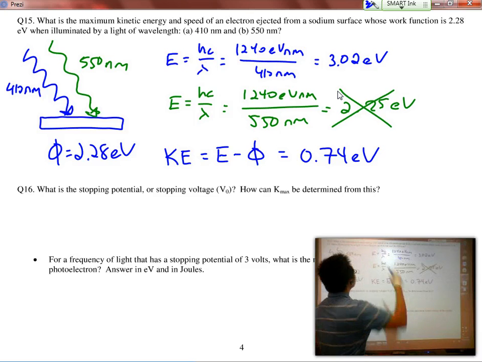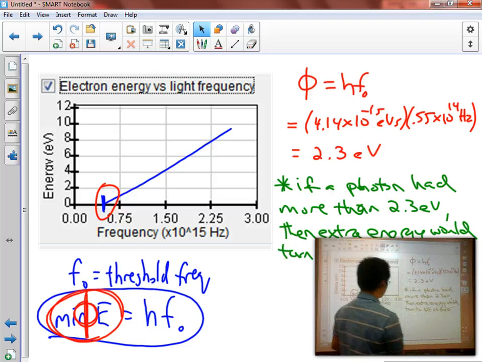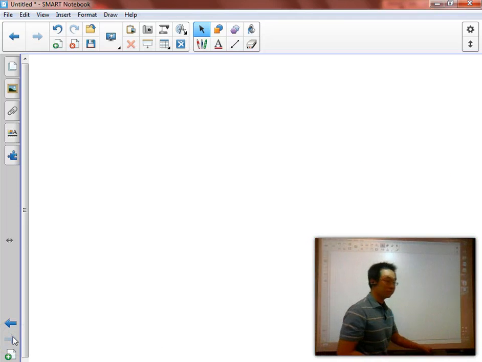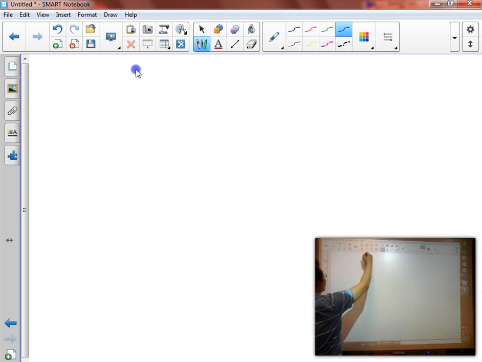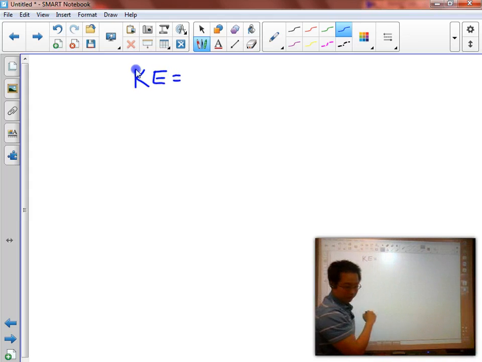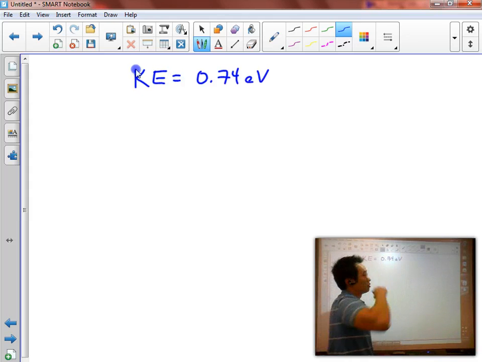Okay? But what about the speed? Well, let's bring this over onto the whiteboard over here, only because we're going to need a lot of space for this. If I wanted to calculate speed, I do know the kinetic energy of the electron already is 0.74 electron volts.